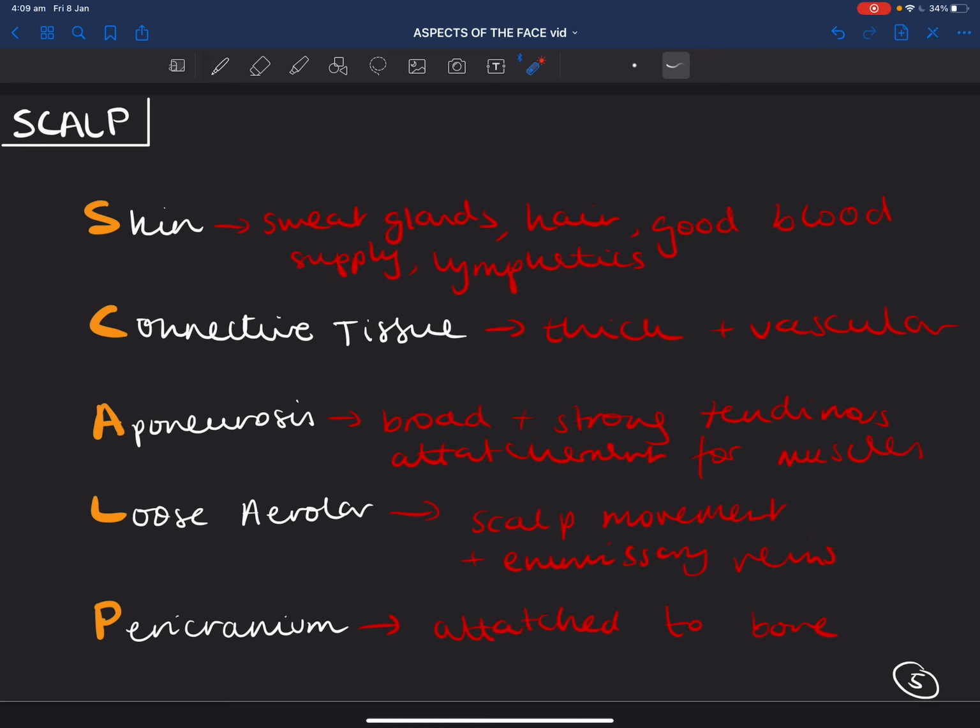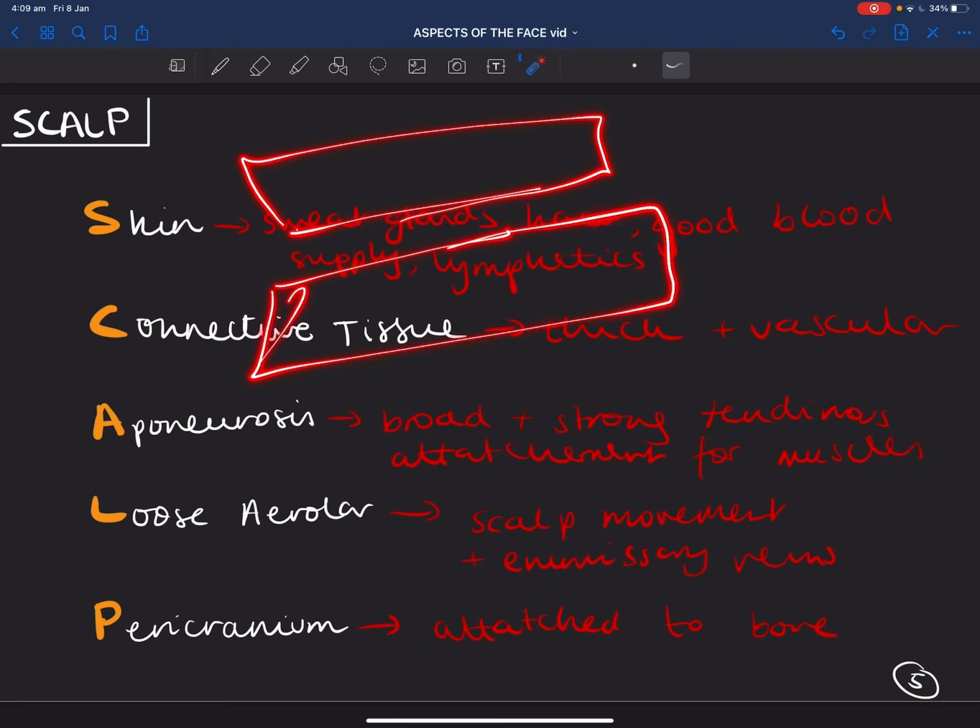The main blood supply is in the connective tissue layer, and the pull of the occipitofrontalis muscle can cause a wound to gape and open up further. Also, the blood vessels are adhered to the dense connective tissue, on this side and this side.